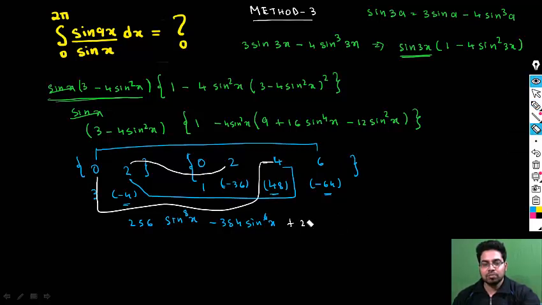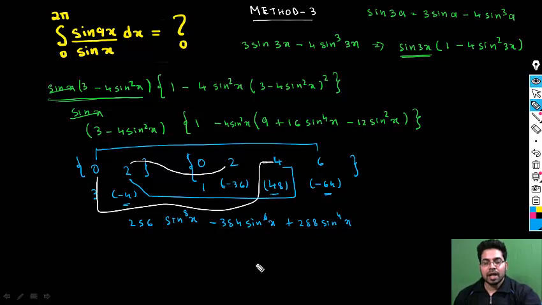Let me write this with blue color, so 288 sine to the power 4x.